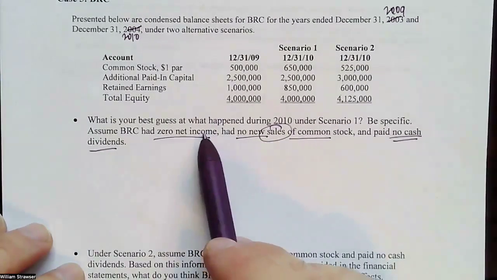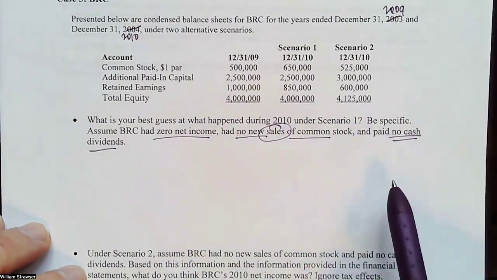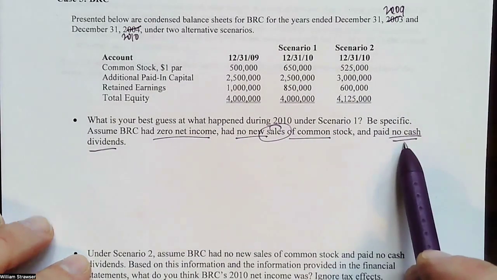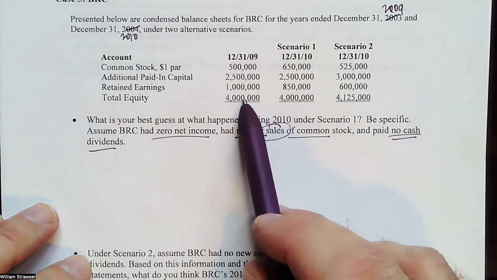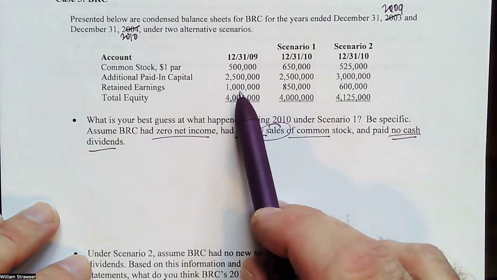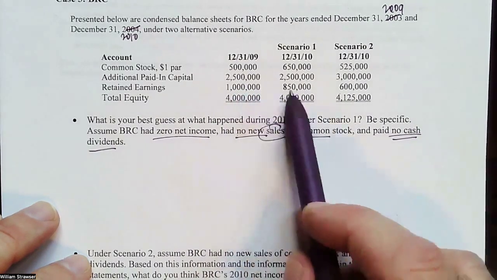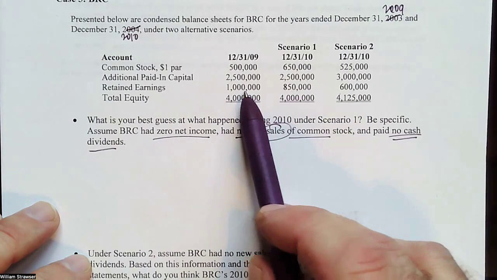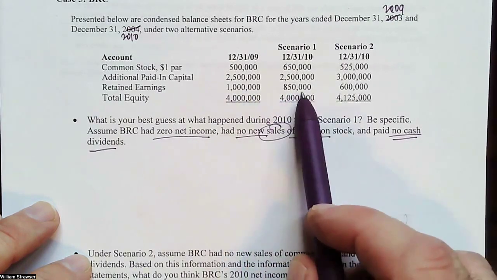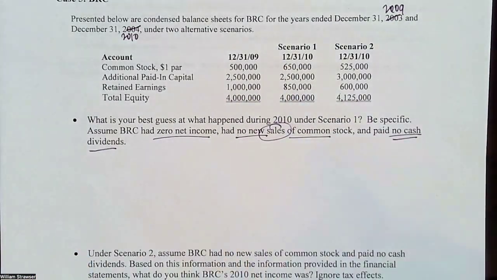Well, of course, net income would affect retained earnings. Cash dividends would affect retained earnings. If it had zero net income, then this swing from 1 million to 850 would have had to happen through an alternate path. All right, so different things can reduce retained earnings. When we reissue treasury shares at a price that's below our repurchase price, that can debit retained earnings.